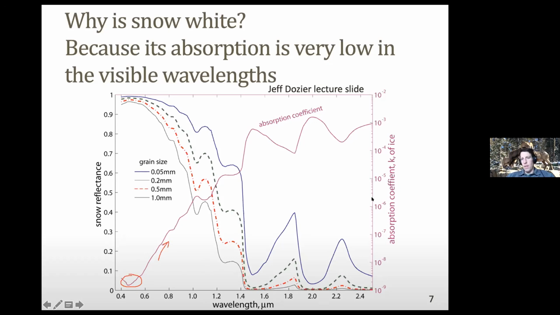These are orders of magnitude. This is a logarithmic graph, with logarithmic axes over here. So it's getting a lot more absorptive, which is why down here at these longer wavelengths it starts to get dark. And all of this is just a way to describe how snow looks at different wavelengths.